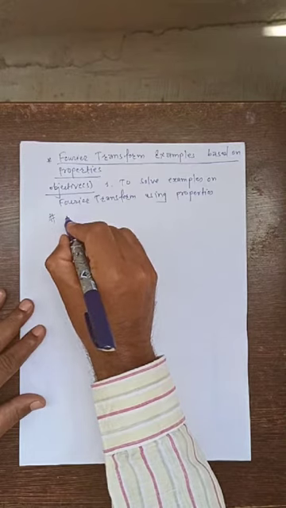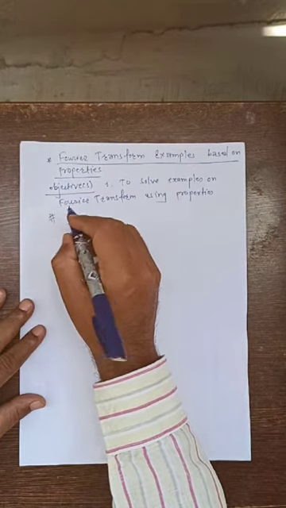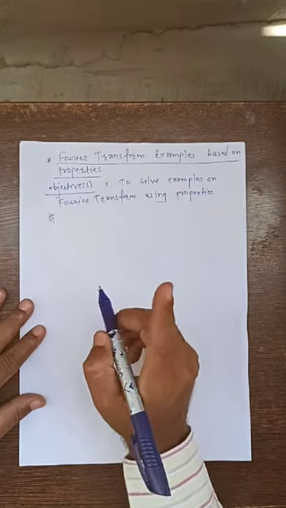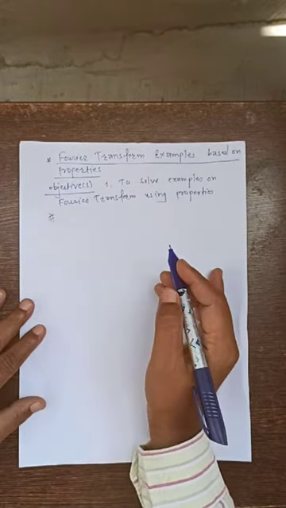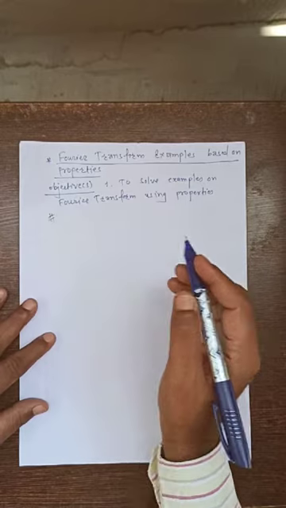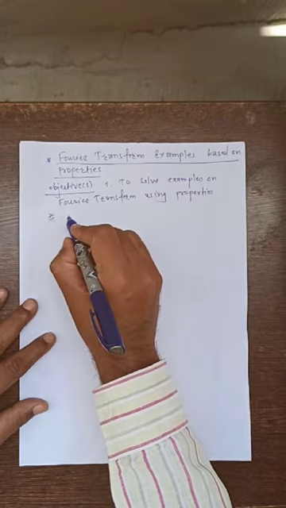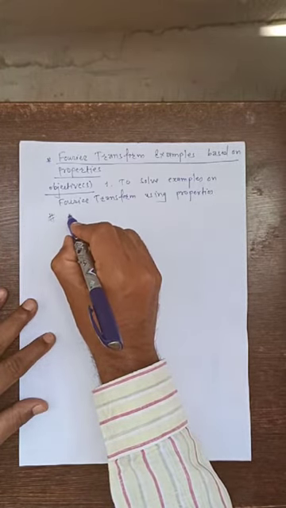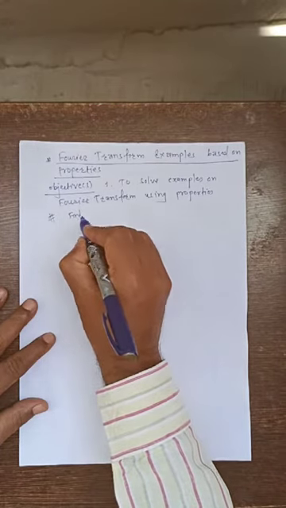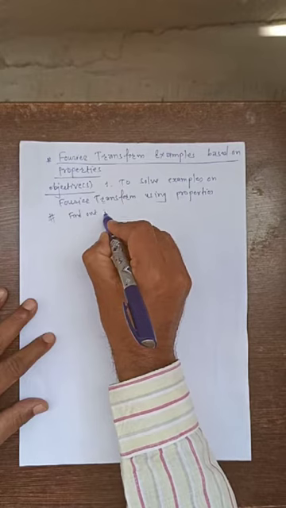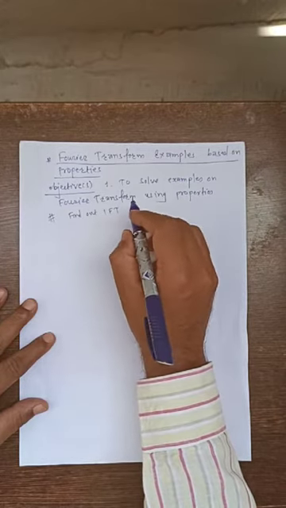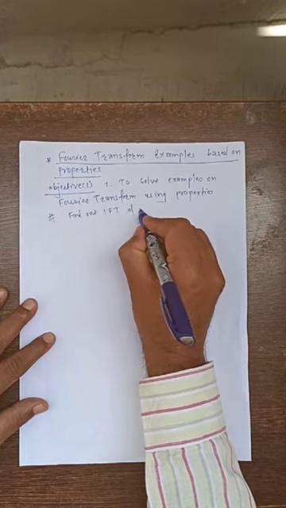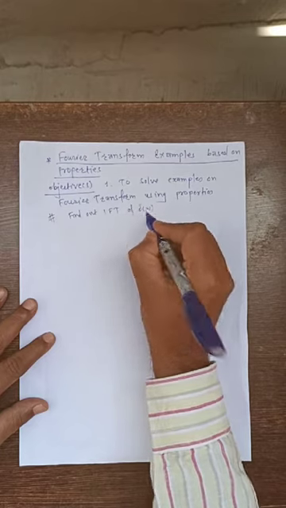Just see here. We'll start with finding out the Fourier transform of 1, basically using the concept of inverse Fourier transform. Suppose we find out the inverse Fourier transform, abbreviated as IFT, of delta omega.